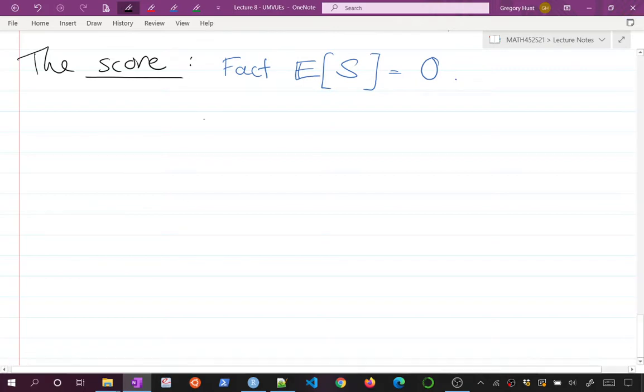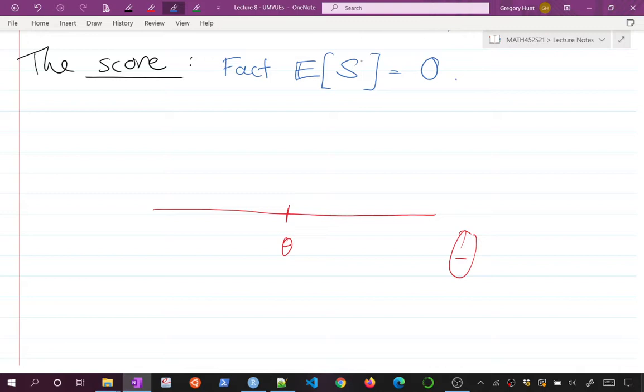So let's draw a little picture associated with that. Here's our space of possible thetas, capital Theta. And maybe our true theta is here. Now we're going to assume that we take a sample, look at the likelihood function, and look at the derivative of the likelihood function.